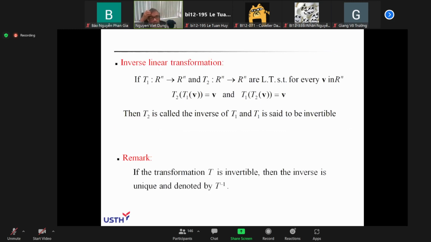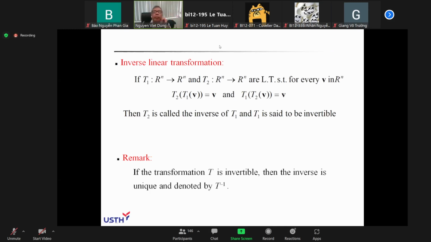Then we define the notion of inverse of a linear transformation. Now we consider the case when T1 goes from Rn into Rn, just that the domain and codomain are the same. So we have T1 and T2, both of them linear transformations from Rn into Rn.